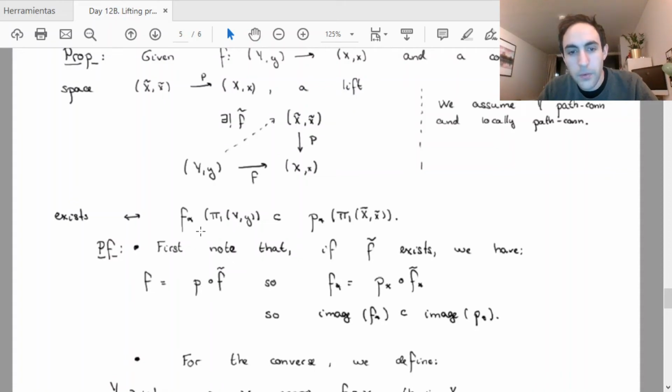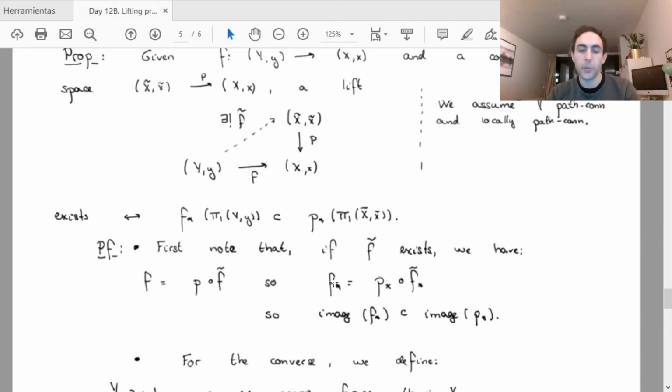The first observation, of course, is that if f tilde does exist, then f must factor: f is just f tilde first and then p. As such, the same is true for the push forwards. So f push forward is in fact p push forward applied to the push forward of f tilde.